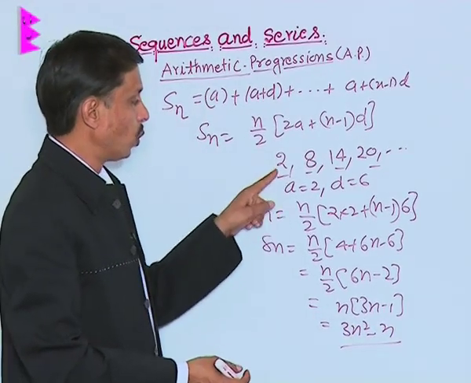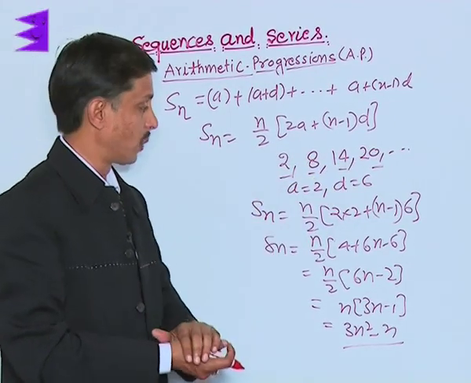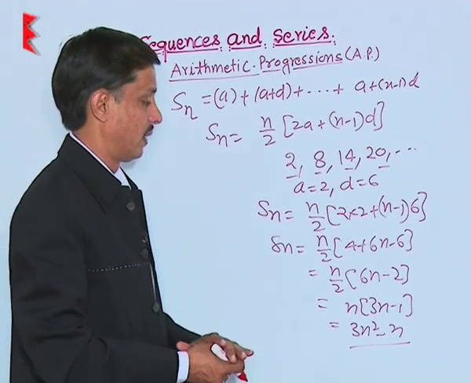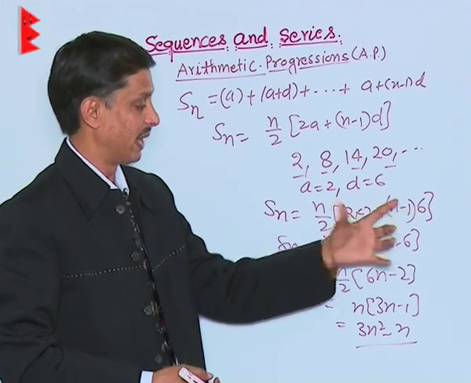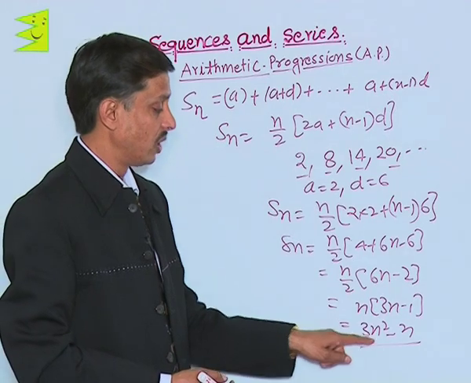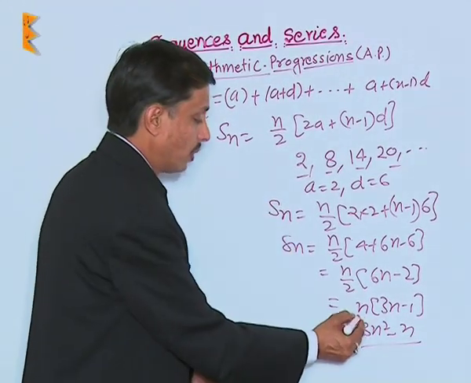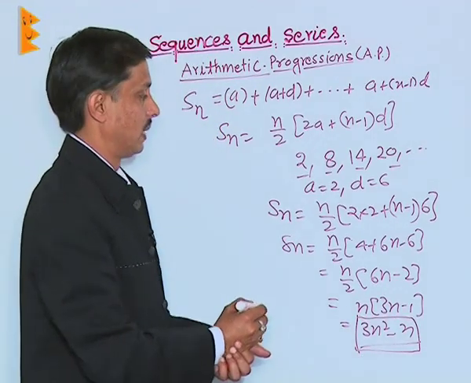So if 2, 8, 14, 20 is an arithmetic progression and I want to calculate its general Sn, it becomes Sn equals n by 2 into (2a plus (n minus 1) into d), and its simplification gives 3n square minus n. Now I want to tell you the uses of 3n square minus n.